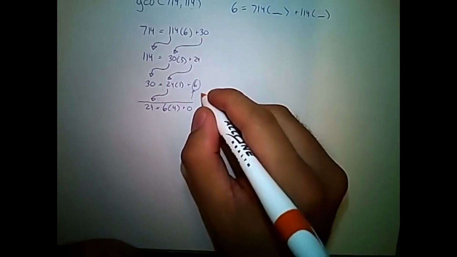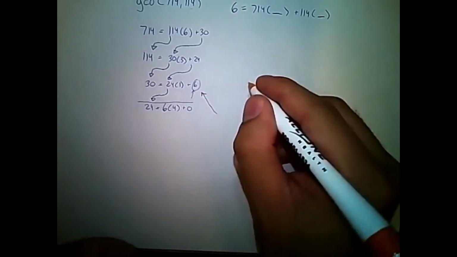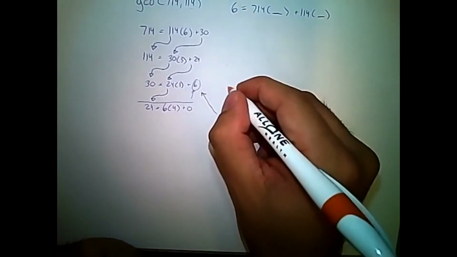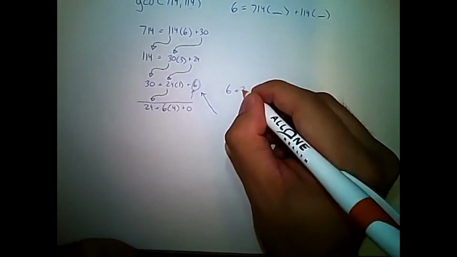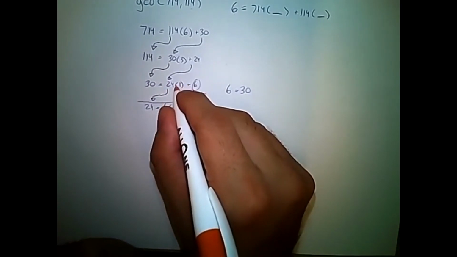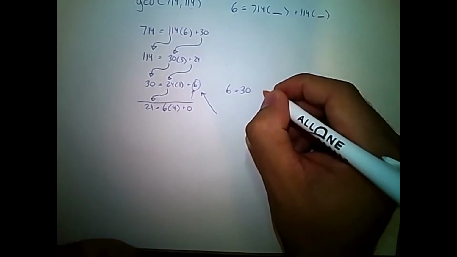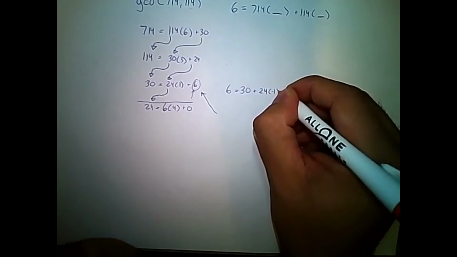How we're going to start is where we left off down here with this 6, and rewrite in terms of this equation here. So 6 is equal to 30 on this side, and then I need to subtract 24 times 1 from the other side, so I can do that by simply adding 24 times negative 1.